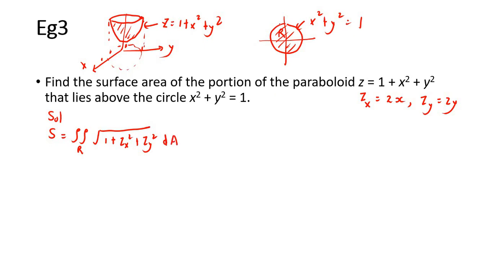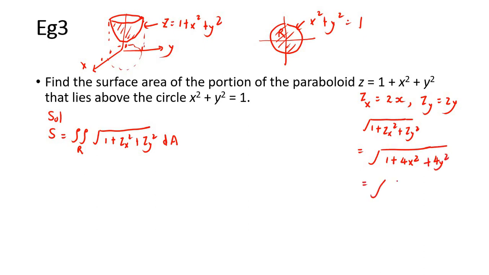In this case the region R is a circle, so we'll use polar coordinates. Your 1 plus zx squared plus zy squared becomes 1 plus 4x squared plus 4y squared.